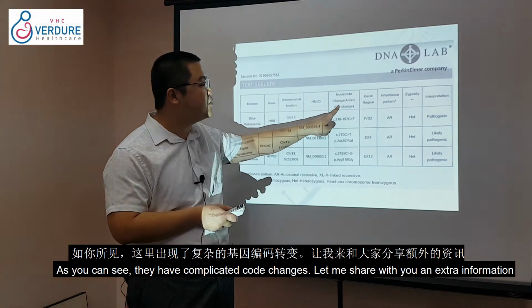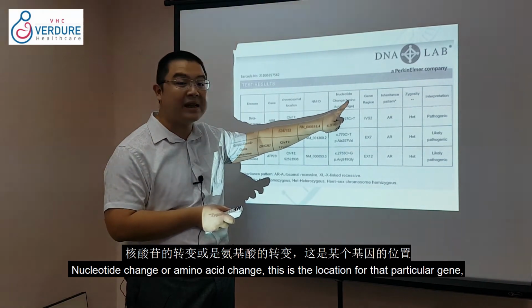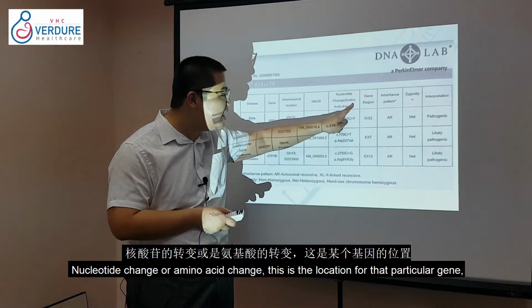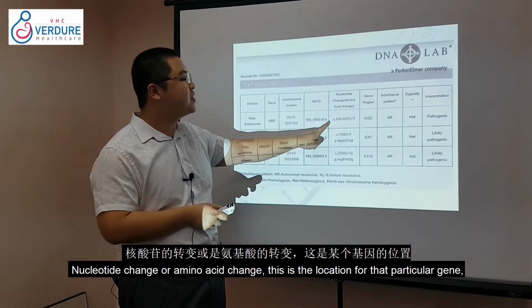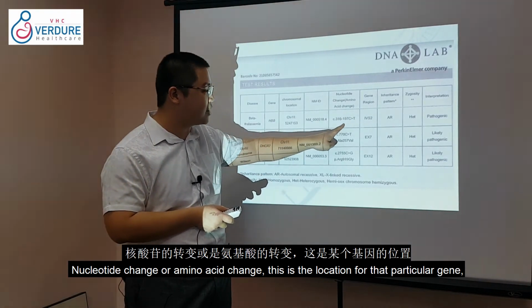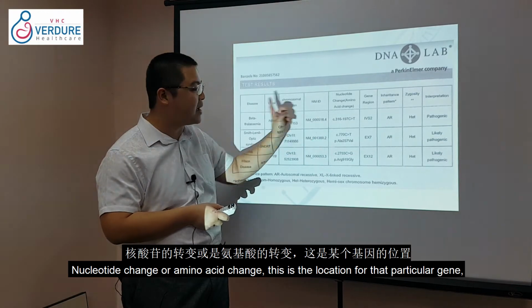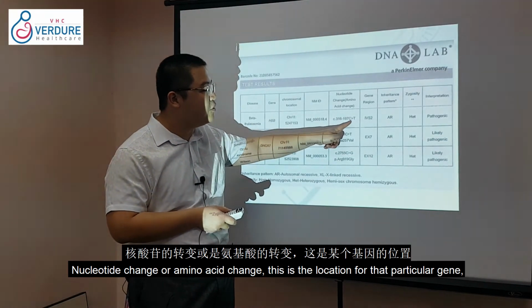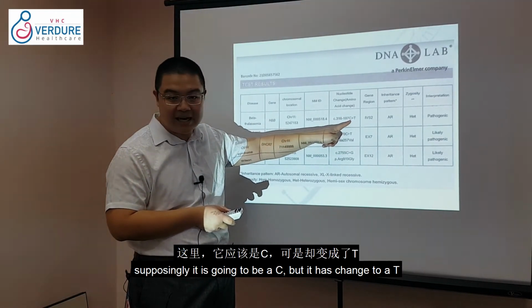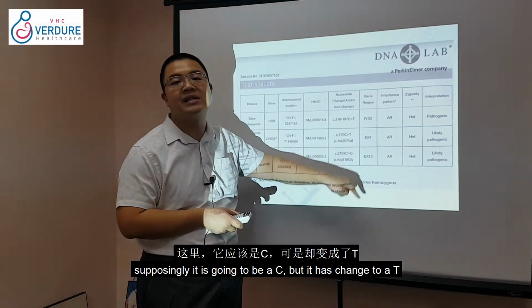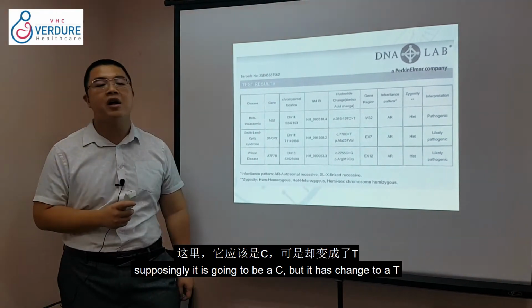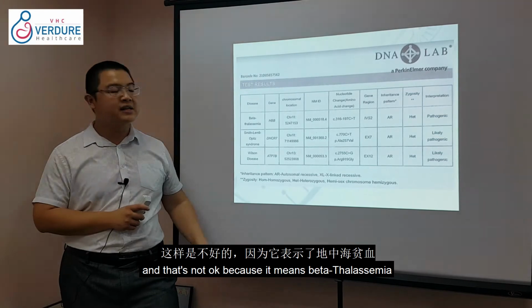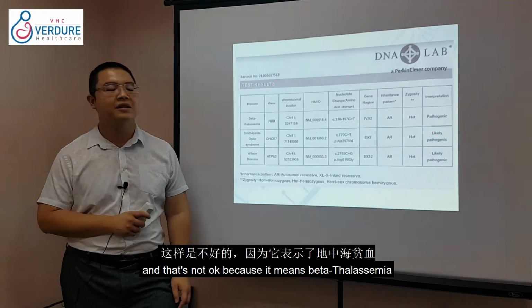So nucleotide change, or also known as the amino acid change, sorry. So for example, this is the location of that particular gene, and supposedly it is going to be a C, okay, but it has changed to a T. And that is not okay, because this means beta thalassemia, all right?